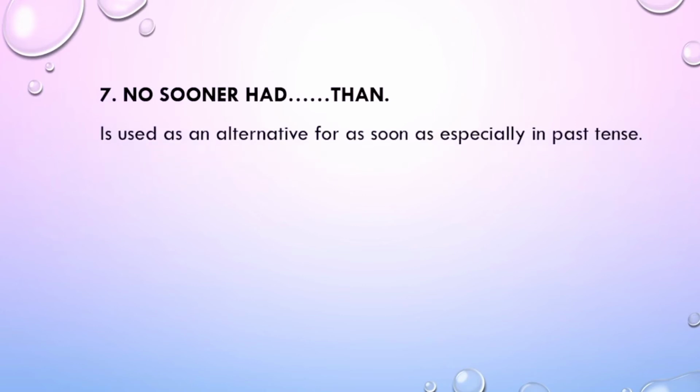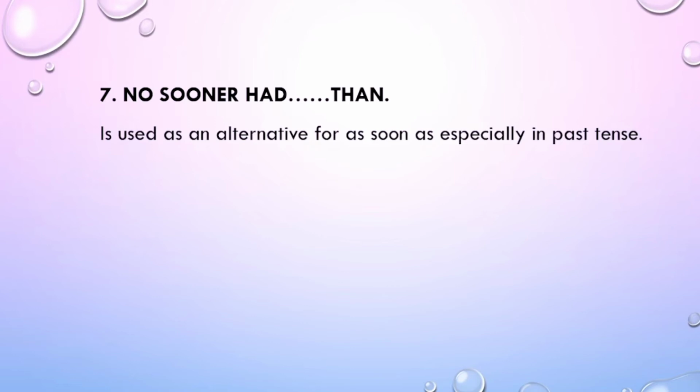This one makes people scratch heads in the exam. Pay attention. It doesn't miss in the exam. No sooner had dash dash done. You ought to know how to use this structure. No sooner had dash dash done is used as an alternative for as soon as, especially in past tense.